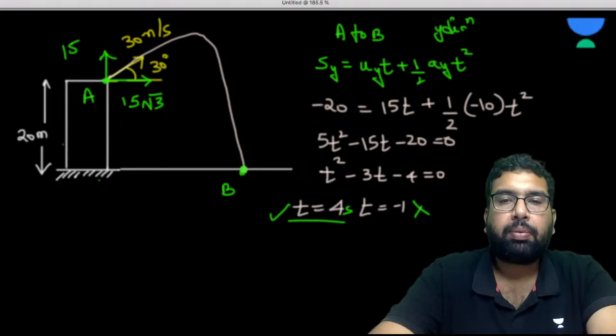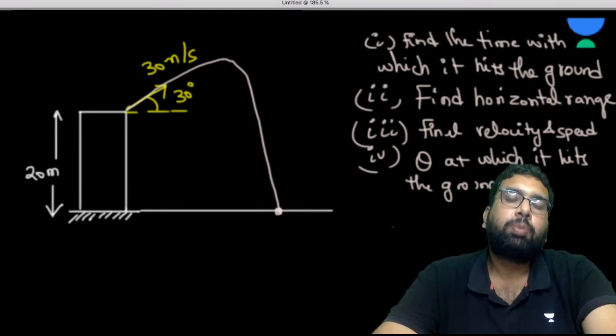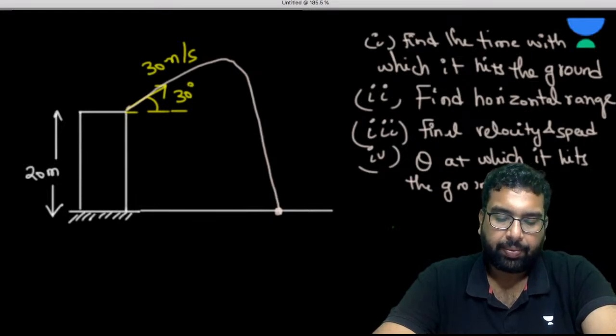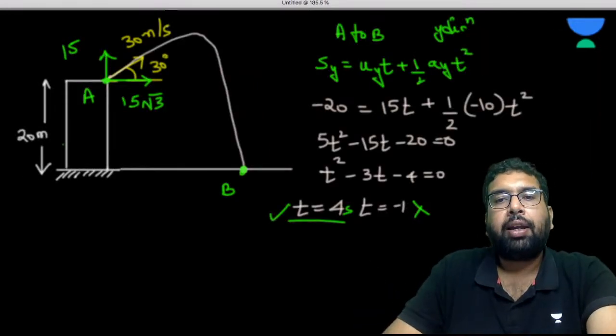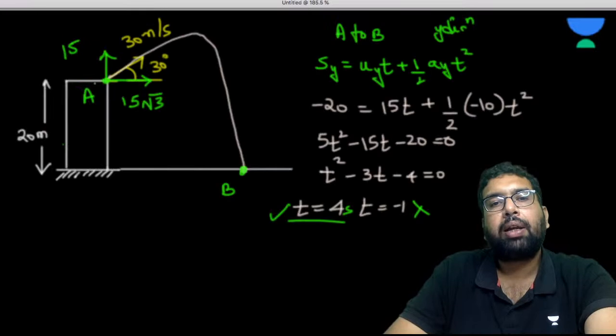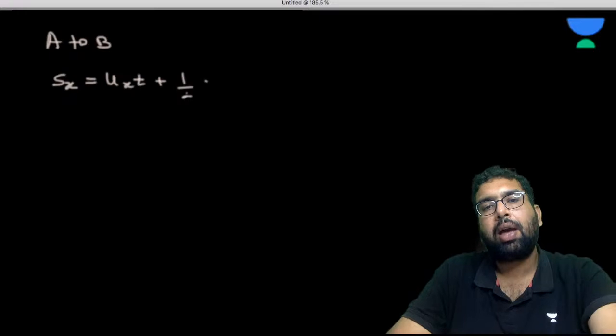Now let's come to the second part of the question. Find the horizontal range. For horizontal range, what sort of motion do we have to consider? Again, we can consider the motion from A to B. The displacement Sx is uxt plus half axt square.